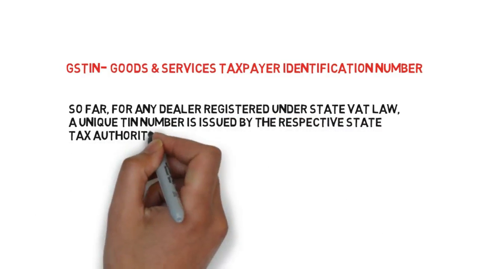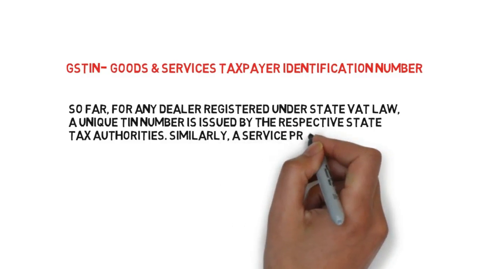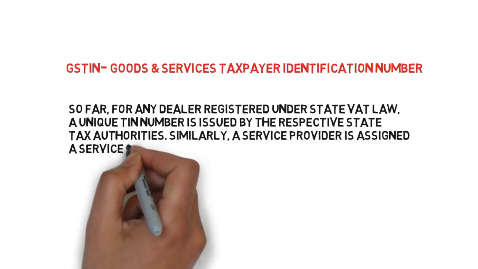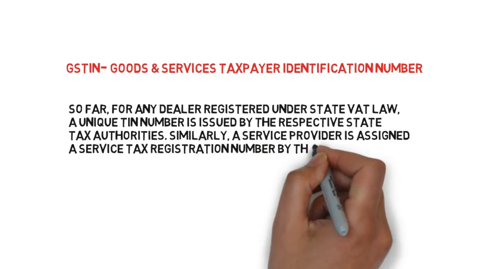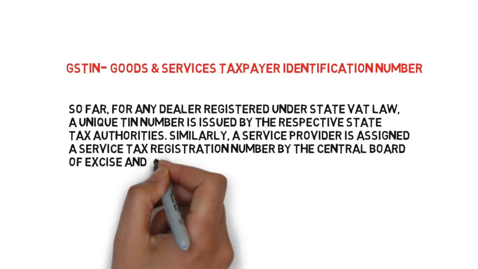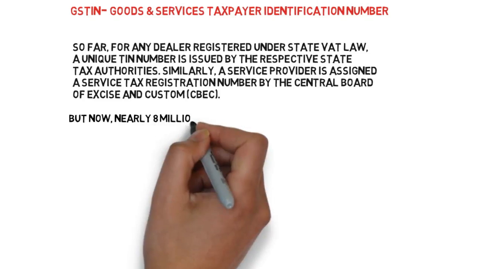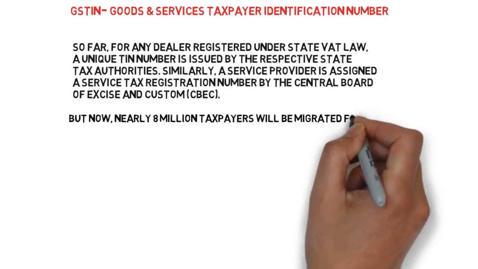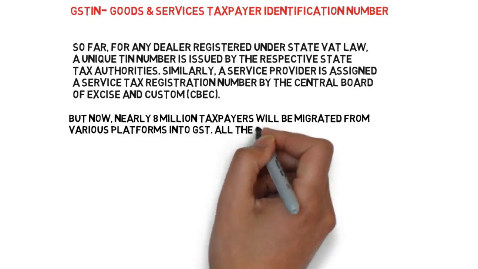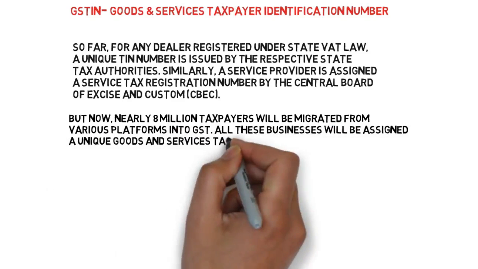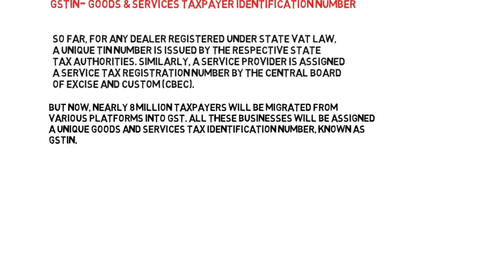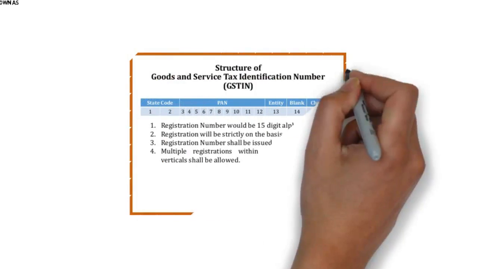For any dealer tax registered under state VAT law, a unique TIN number is issued by the respective state tax authorities. Similarly, a service provider is assigned a service tax registration number by CBEC. But now nearly 8 million taxpayers will be migrated from various platforms into GST. All these businesses will be assigned a unique Goods and Services Tax Identification Number known as GSTIN.